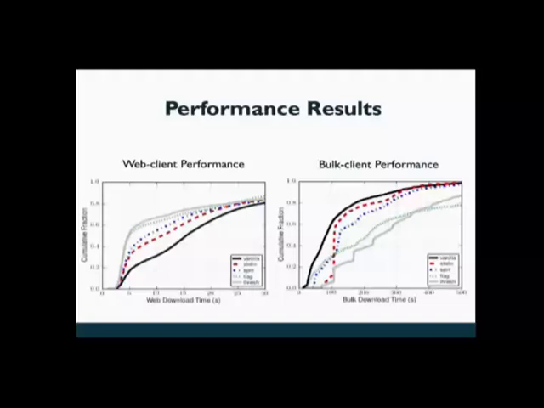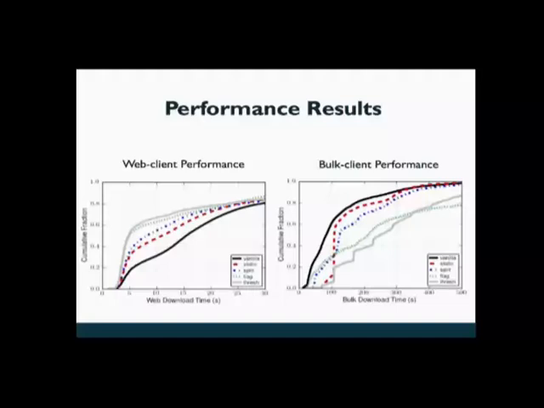So we simulated vanilla Tor with no throttling. That's the solid black line. We simulated the static throttling approach, which, as I mentioned earlier, exists in Tor today, but requires you to set specific parameters. And we simulated each of the three algorithms that I just described. As we can see, web client performance increases dramatically for all of these throttling approaches.